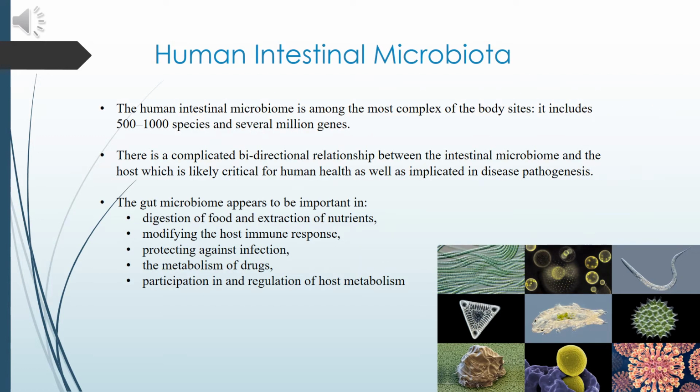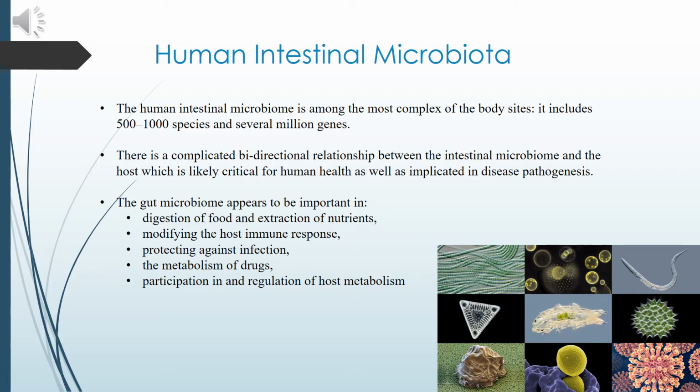Let me talk about human intestinal microbiota. The human intestinal microbiome is among the most complex of the body sites. It includes 500 to 1,000 species and several million genes. There is a complicated bidirectional relationship between the intestinal microbiota and the host, which is likely critical for human health as well as implicated in disease pathogenesis.